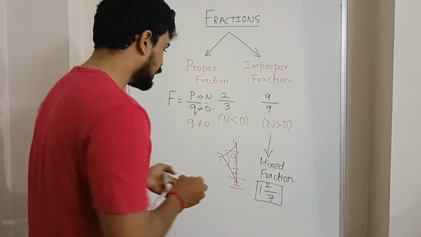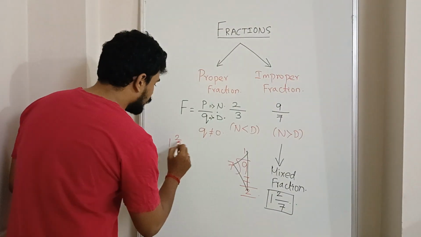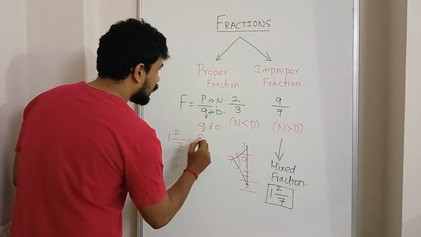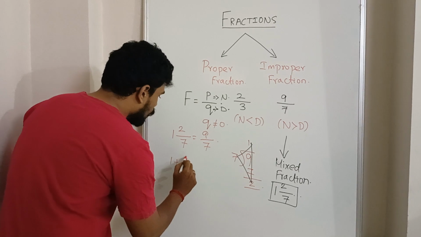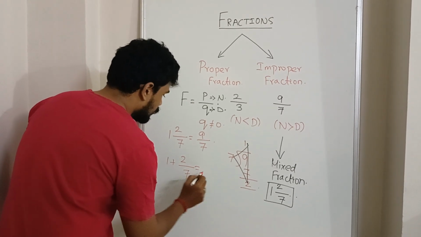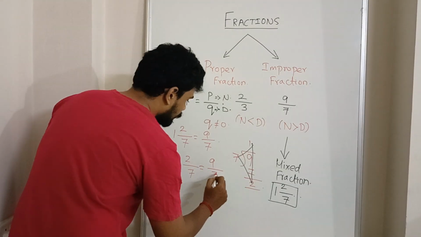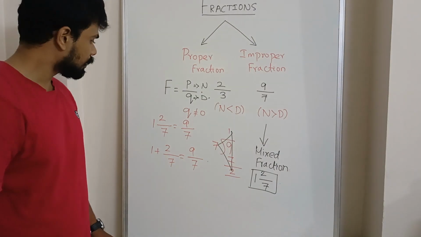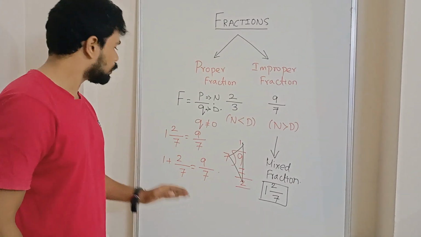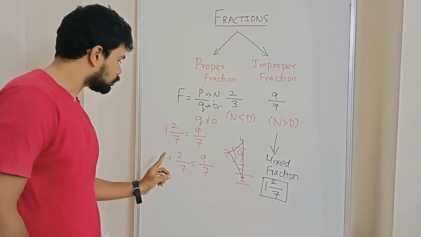Okay, let's get into the deep analysis. This 1, 2 by 7 can be written as 9 by 7. Similarly, if I add 1 and 2 by 7, here also I will get 7 plus 2, 9 by 7. From this, the main thing we need to understand is, it is similar to write 1, 2 by 7 as 1 plus 2 by 7.